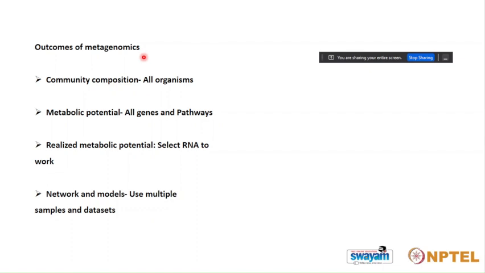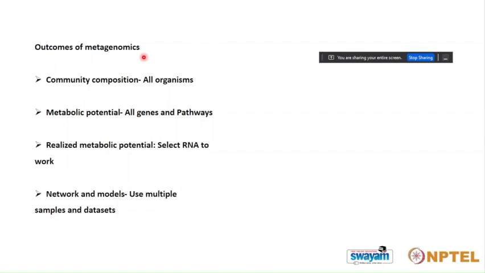After identifying the metabolic potential, we can select specific RNA to realize the metabolic potential. With the help of that, we can say which gene is responsible for a particular function. So that is one outcome.